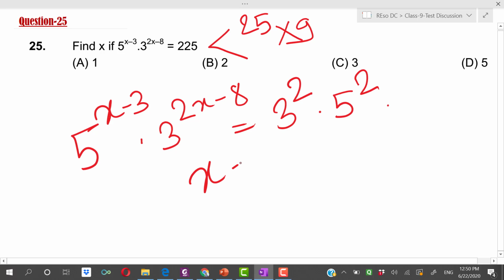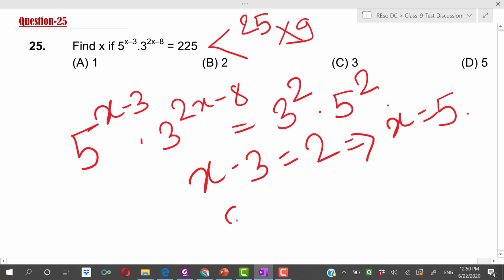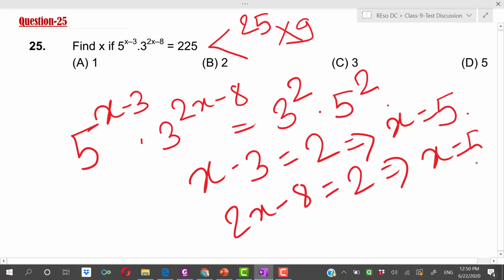So x minus 3 will be equal to 2, that gives me x equal to 5, and 2x minus 8 is equal to 2, that also gives me x equal to 5. So x equal to 5 will be the correct answer of my question.